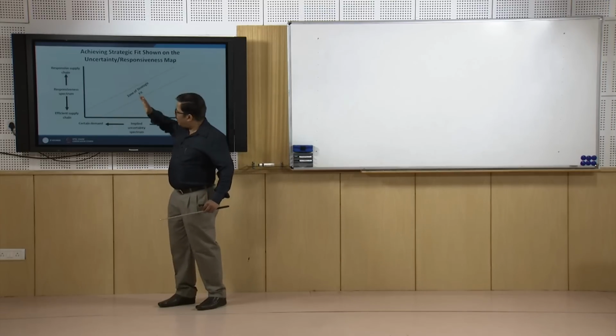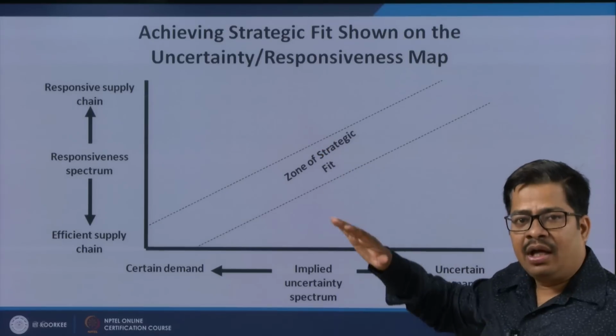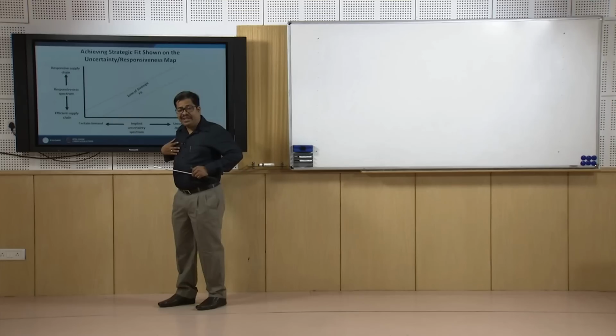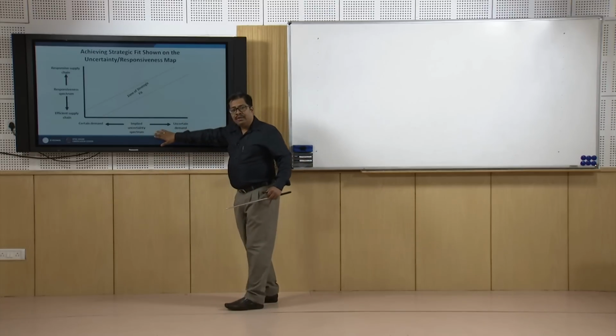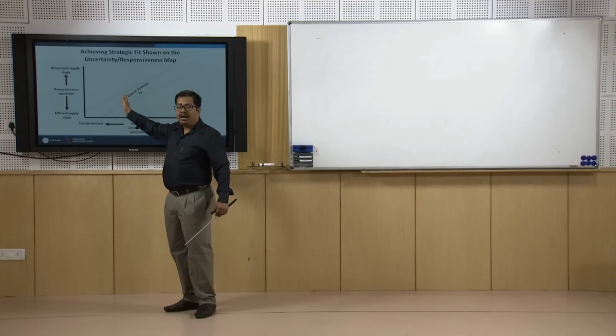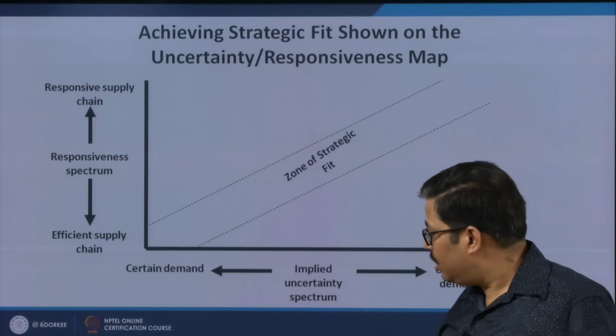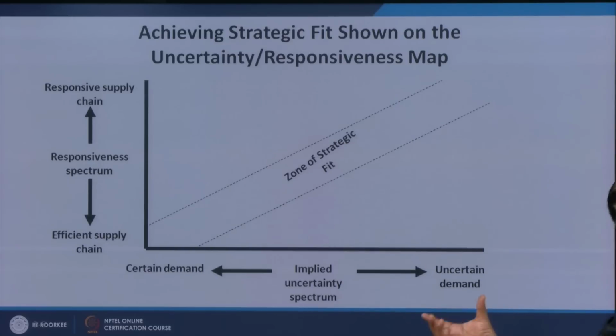When I am inside this zone, it means my supply chain capabilities are enough to respond to various uncertainties which are coming to my supply chain. But if I am not in this zone, then probably I am not able to develop the type of capabilities which are required to answer the uncertainties which are coming in my supply chain.